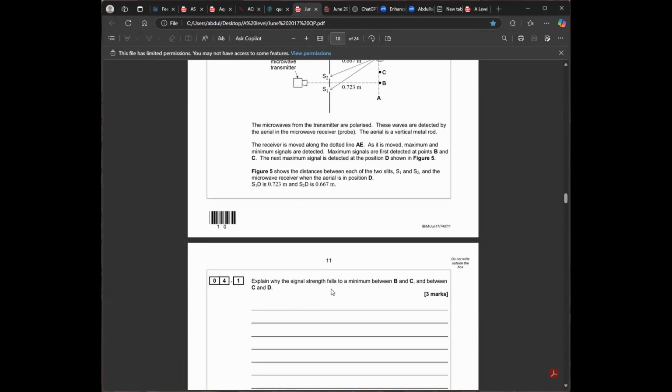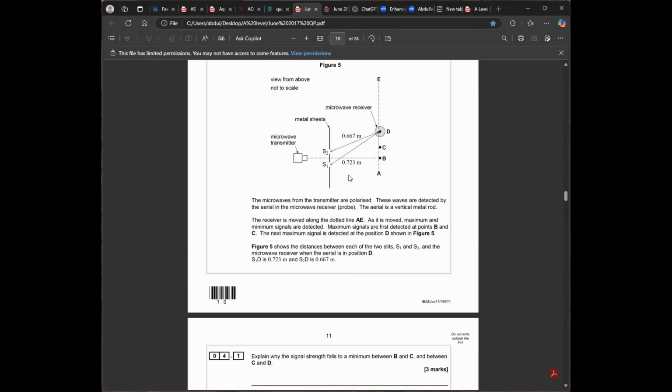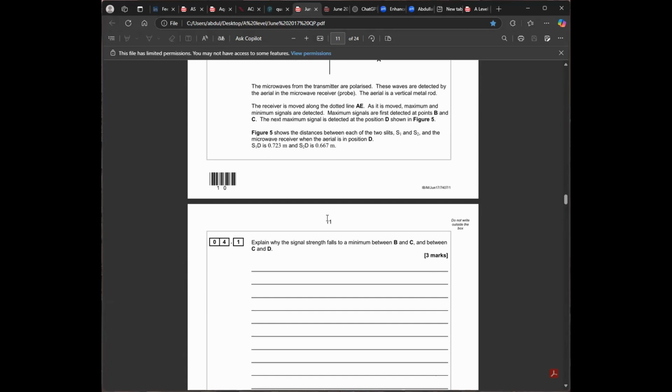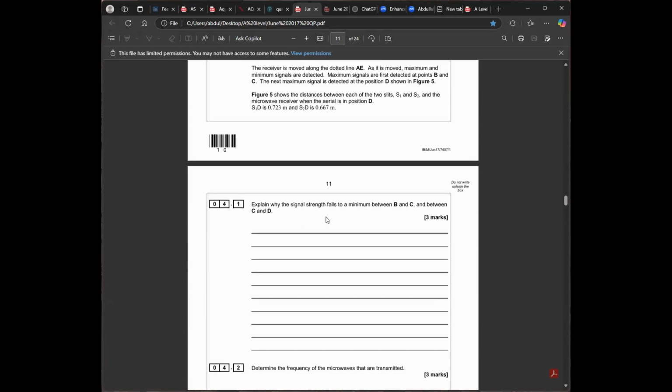They'll say that there is a path difference between the distance from S1 to that point on the screen and the distance from S2 to that point on the screen. So there's a path difference between the two waves. Because of that path difference, there is destructive interference.